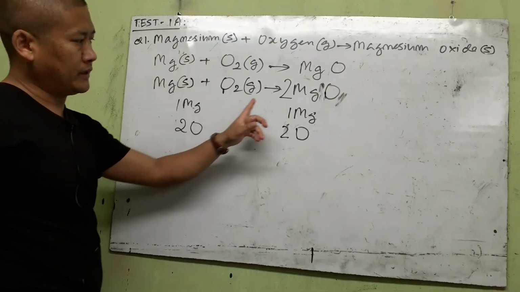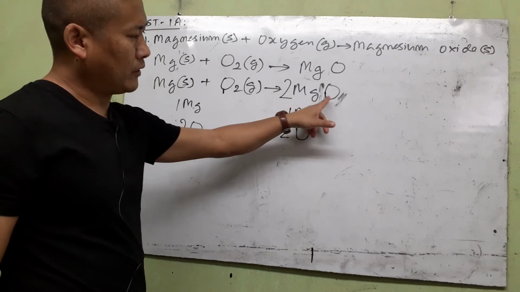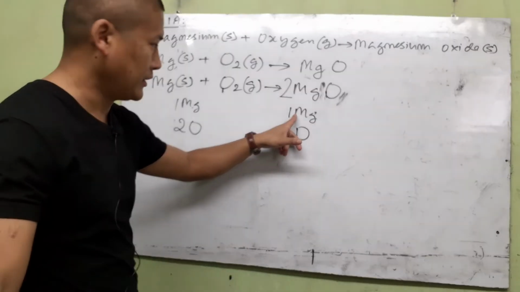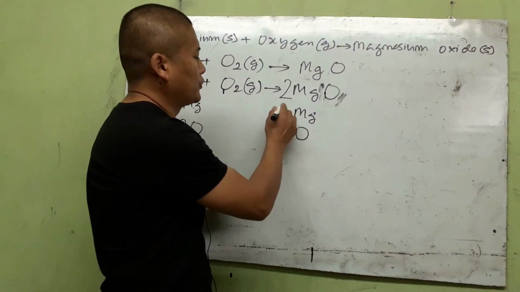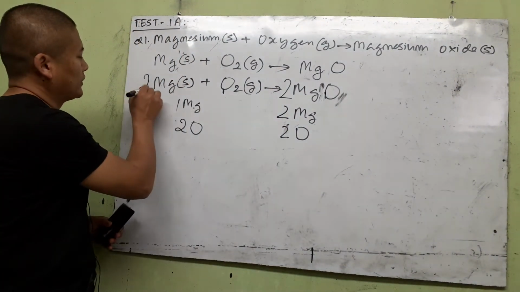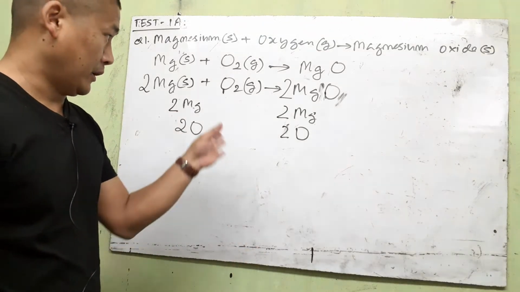But the problem with that is, since you put it right in front, the 2 now belongs to both magnesium and oxygen atoms on the right side. It means the magnesium on the right side has increased to 2 magnesium atoms. So the left side, which is 1, also has to be increased to 2 to make it equal. Now the equation is balanced.